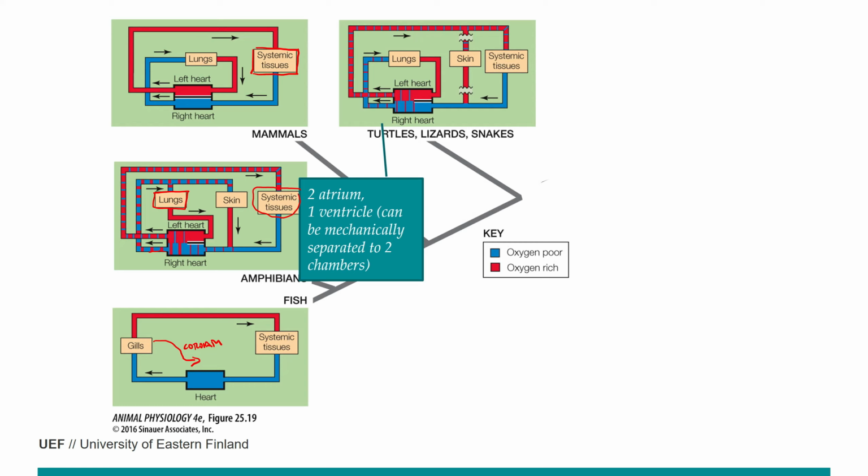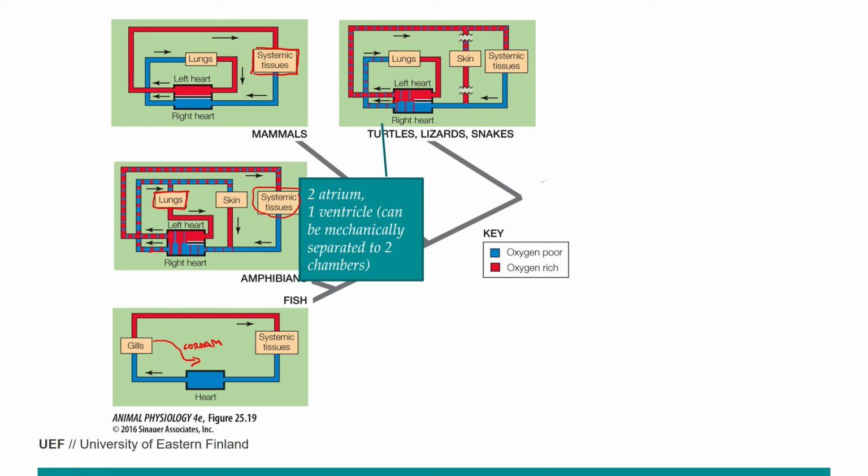Then the turtles and the lizards and some snakes have a slightly modified version of this amphibian model. So there are two atria and one ventricle, but this ventricle can actually be even mechanically separated. So when it's contracting, it's divided in two parts. And in that case, you can get even more oxygenated blood to the systemic tissues and less to the lungs.